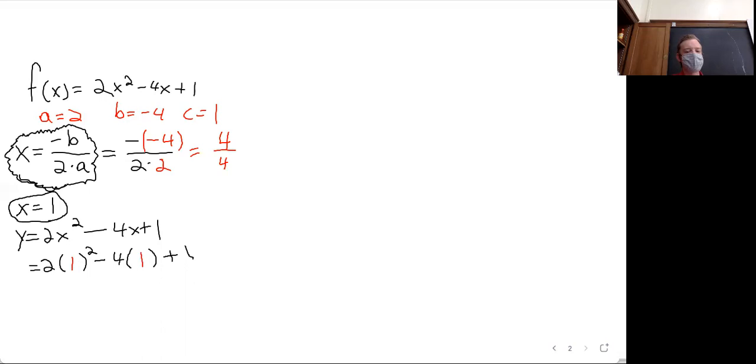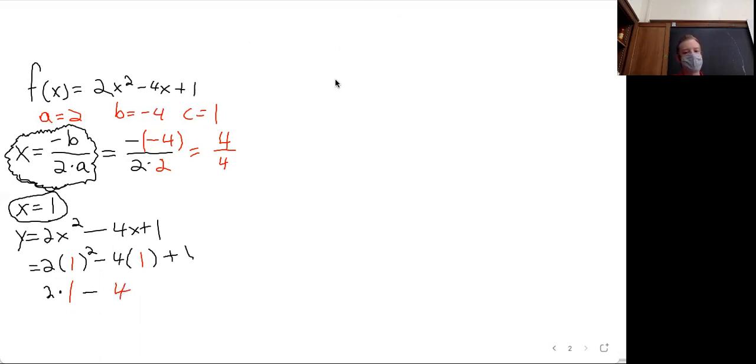So if we start working this out, 1 squared, what's 1 squared? 1. Because remember, 1 squared is 1 times itself. 1 times 1 is still 1. We'll have the 2 out front. Four times 1 is 4.